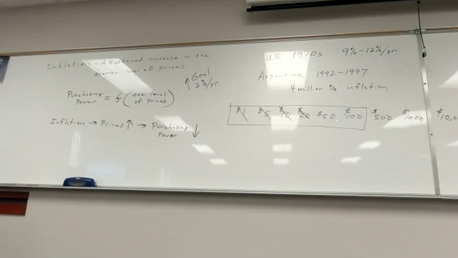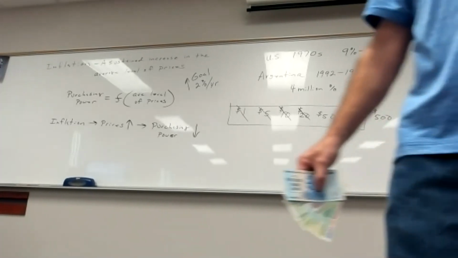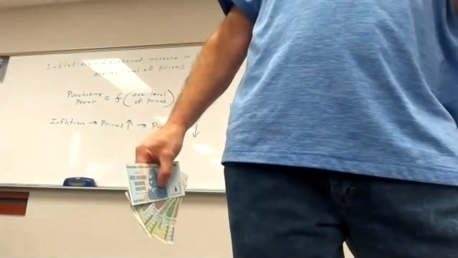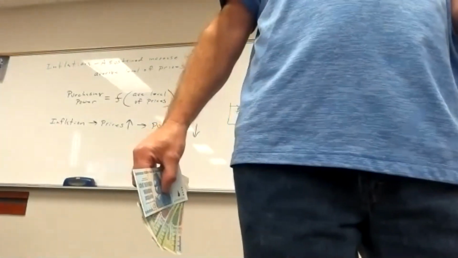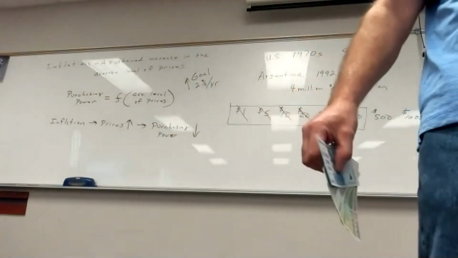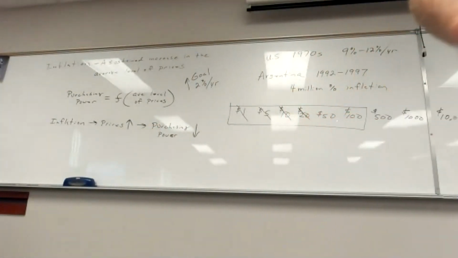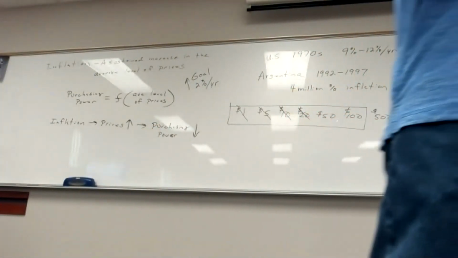So if you carry this into Zimbabwe, you have nothing. You walk into Zimbabwe with a $100 US bill and they will elect you president. You know what I'm saying? Because that is something that they want. It is something that actually has value.